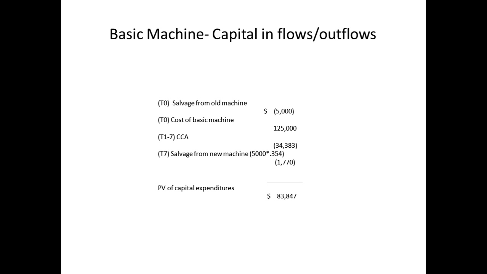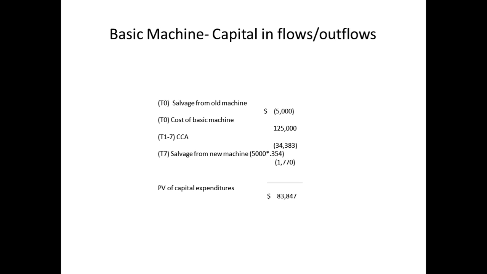So, with respect to capital inflows and outflows, the salvage from the old machine is $5,000. Remember, it comes into the hands of the company without any income tax effect. It's received at time 0, so it's not discounted.